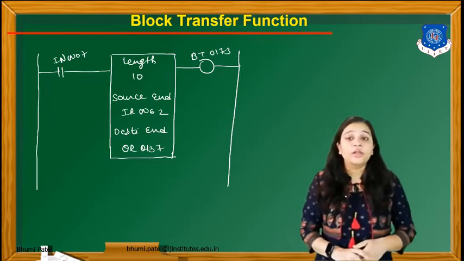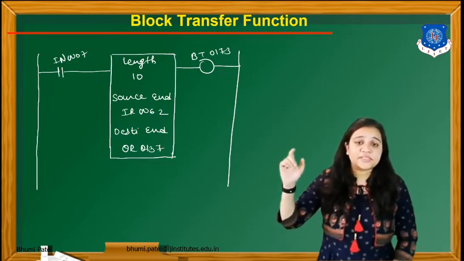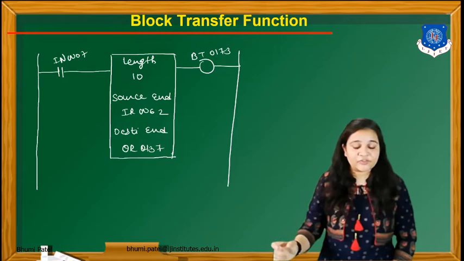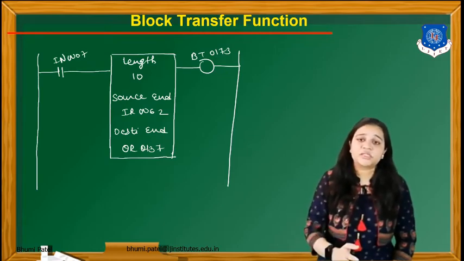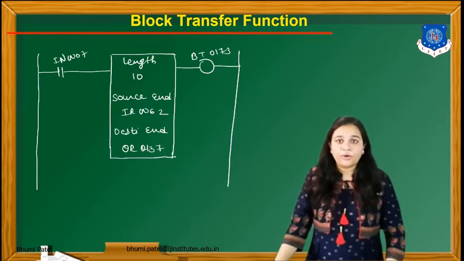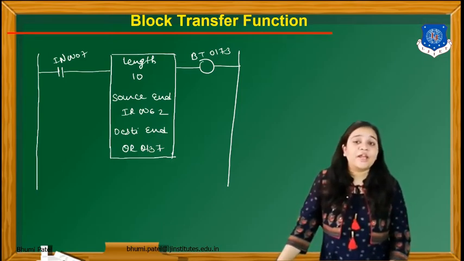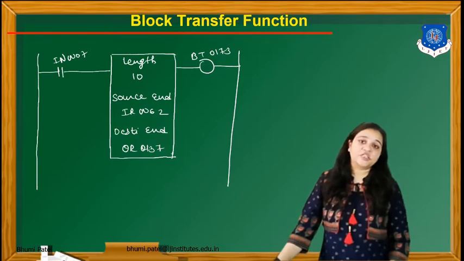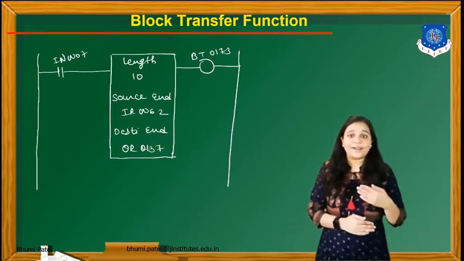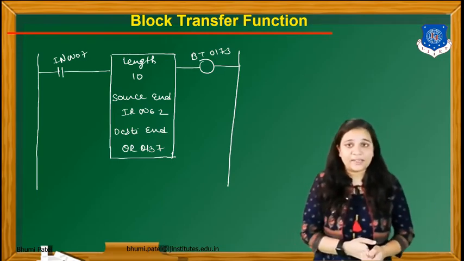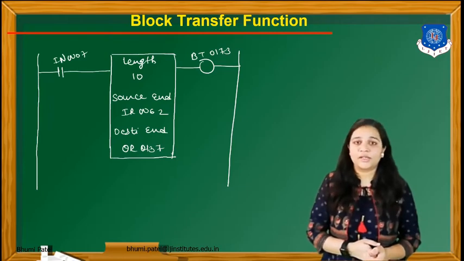BT0173. So in the same program, in the same run, we can transfer multiple registers at the same time. This is the advantage of the block transfer function. If we have to transfer a number of registers at the same time, we use the block transfer function.